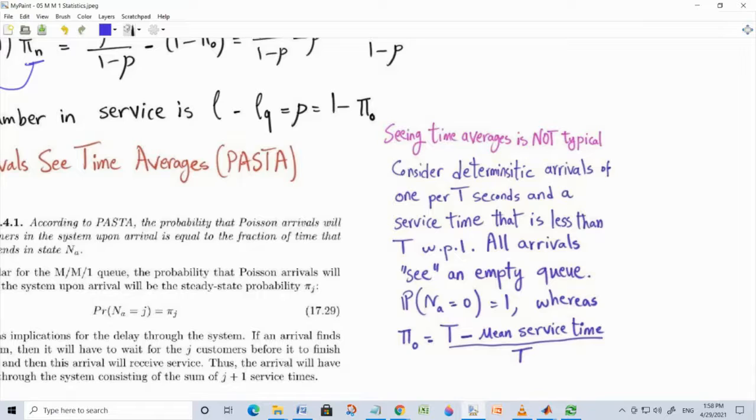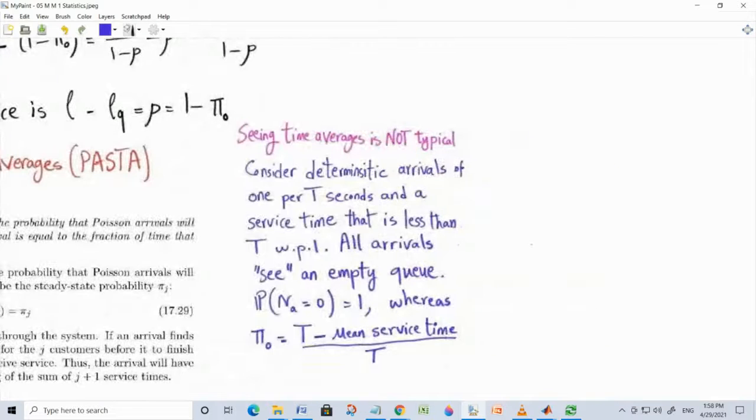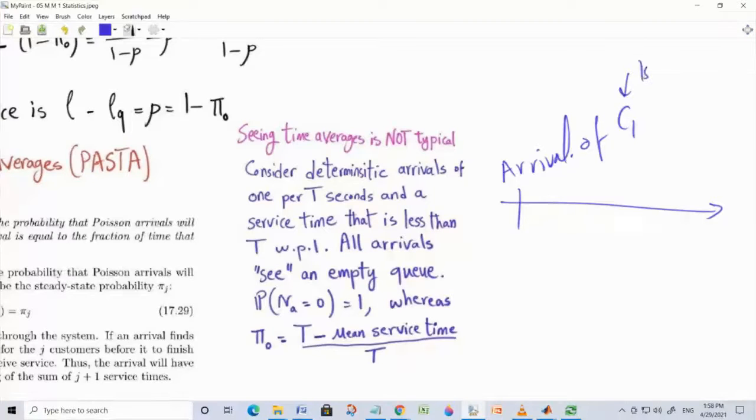Okay. So from the point of view of an arrival, no arrival will see a busy system, right? Every arrival will see an empty queue. Again, this is the time axis. So here we have an arrival, let's say C1, the first customer.